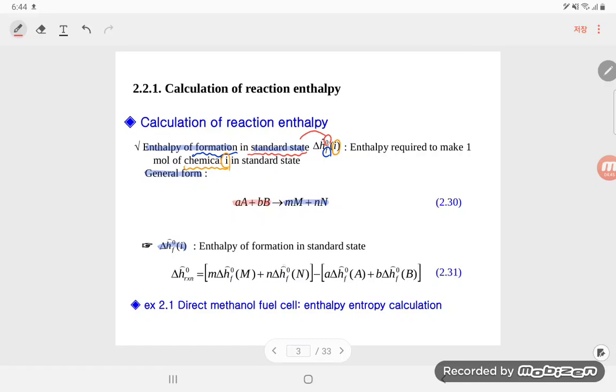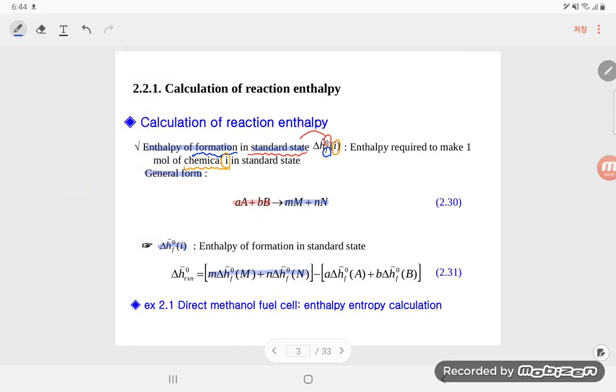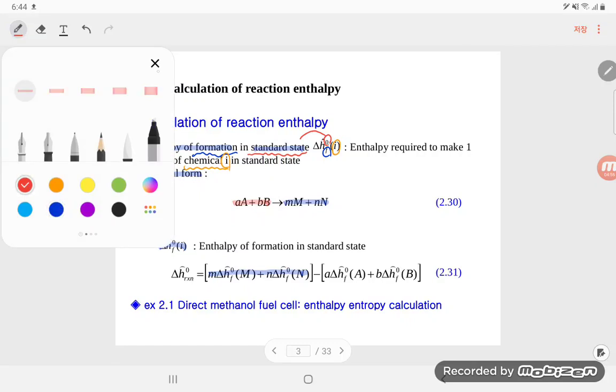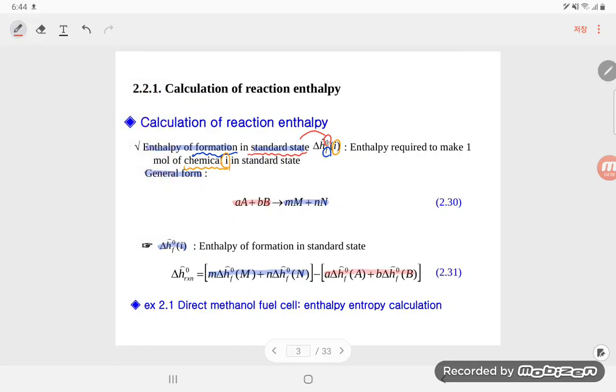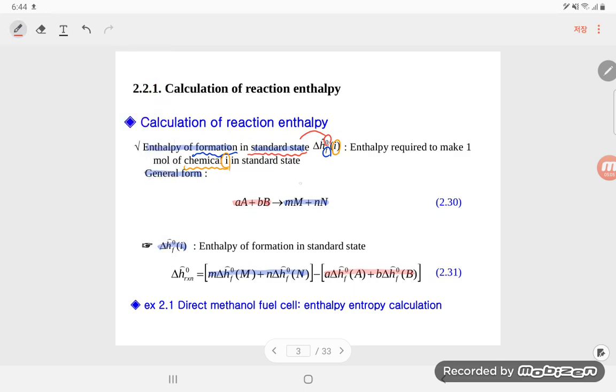If you sum up the formation enthalpies of all the products, and subtract the summation of the formation enthalpies of the reactants, that is the reaction enthalpy in the standard state.